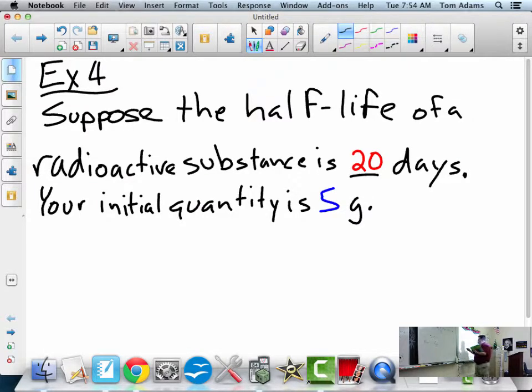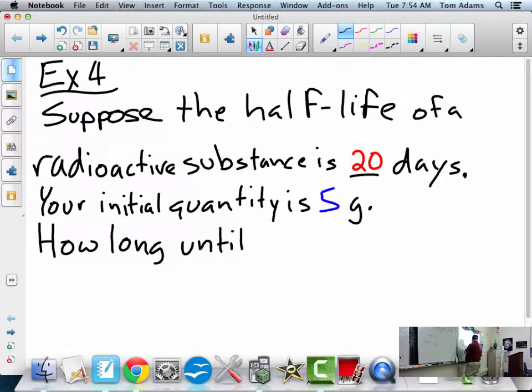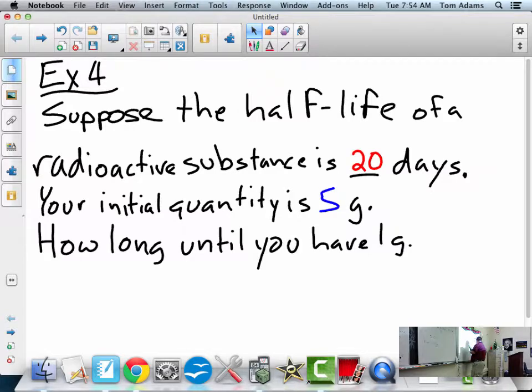Okay. And then lastly it says how long until you have 1 gram. I suppose I should probably make that a different color, right? So how long until we have 1 gram?